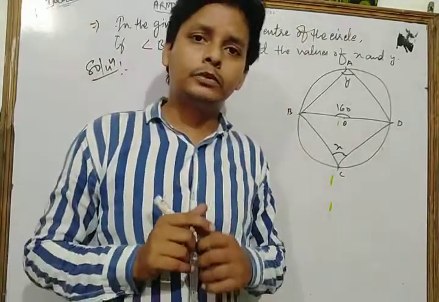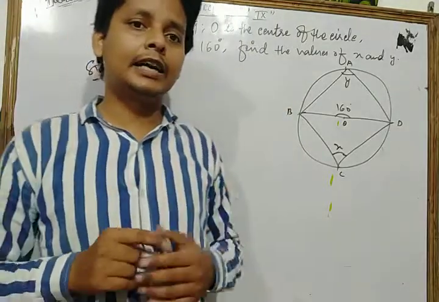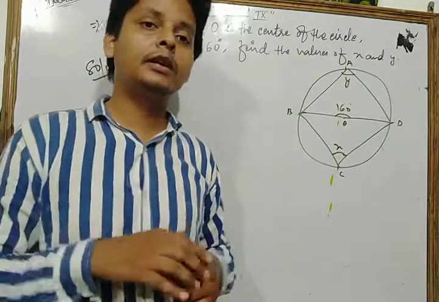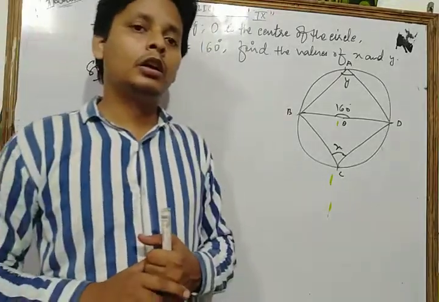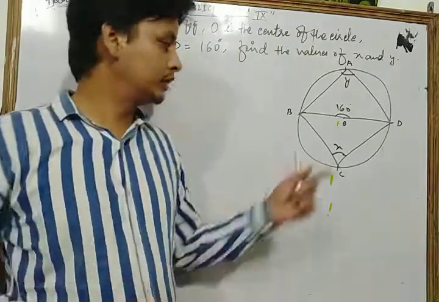We know our theorem: the angle subtended by an arc at the center of the circle is double the angle subtended by it at any point on the remaining part of the circle.